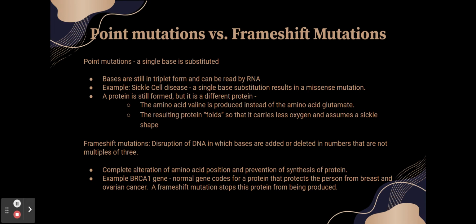Now it carries less oxygen, and it gives that cell a sickle shape, where it gets stuck in the joints, and we have sickle cell disease. That happens from a single base substitution that leads to the development of a whole different protein that doesn't have the structure of a normal beta globin protein.